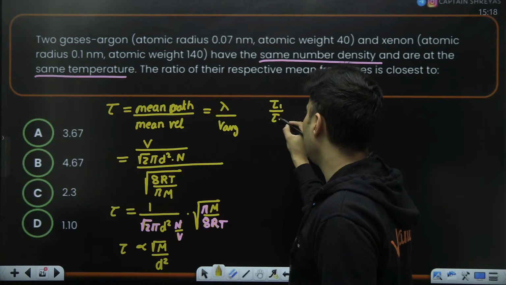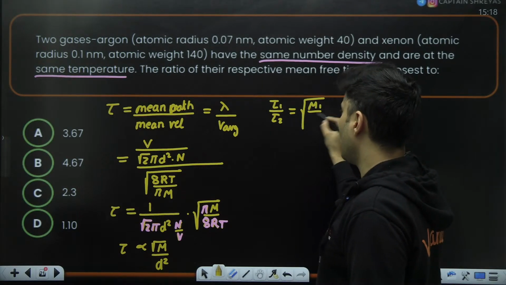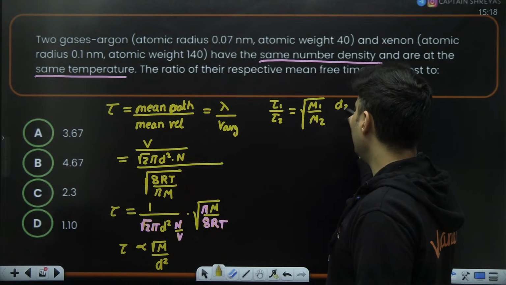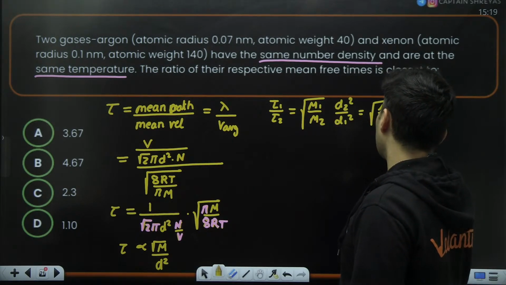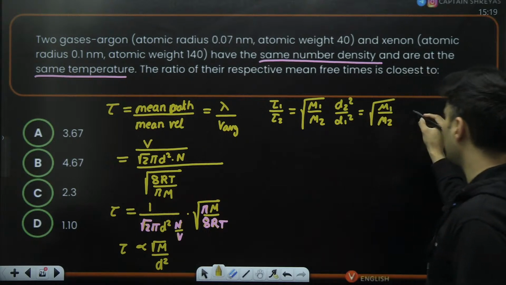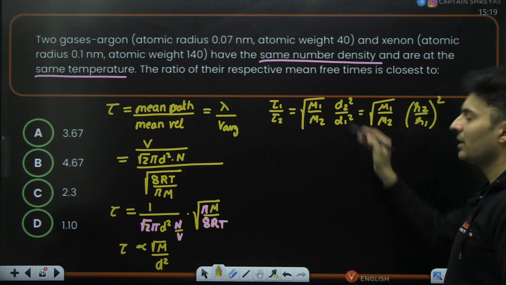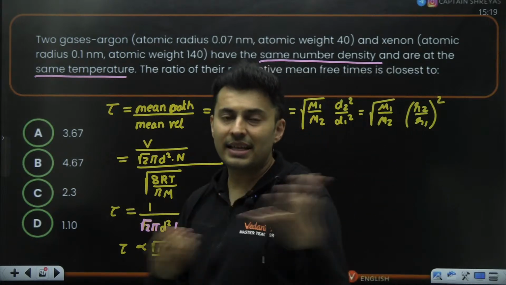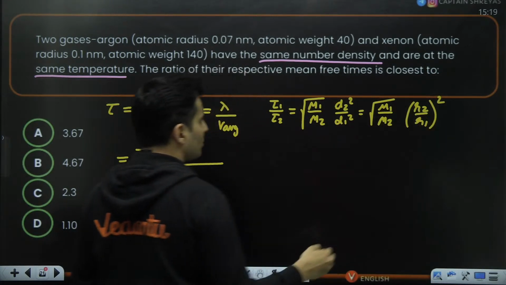Okay, perfect. So the question is the ratio of the mean free times. So T1 by T2 will be root of M1 by M2 times D2 square by D1 square, which is also root of M1 by M2. Diameters are proportional to the radius, so it will be R2 by R1 the whole square. Diameter is double the radius, so it is directly proportional. So this diameter ratio is the radius ratio.